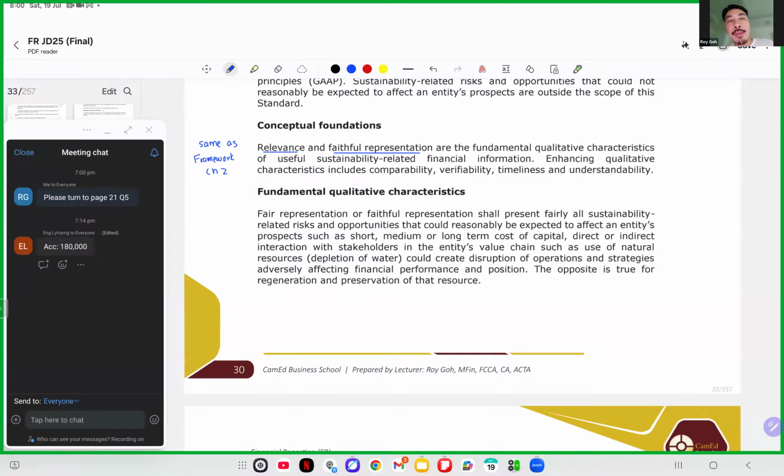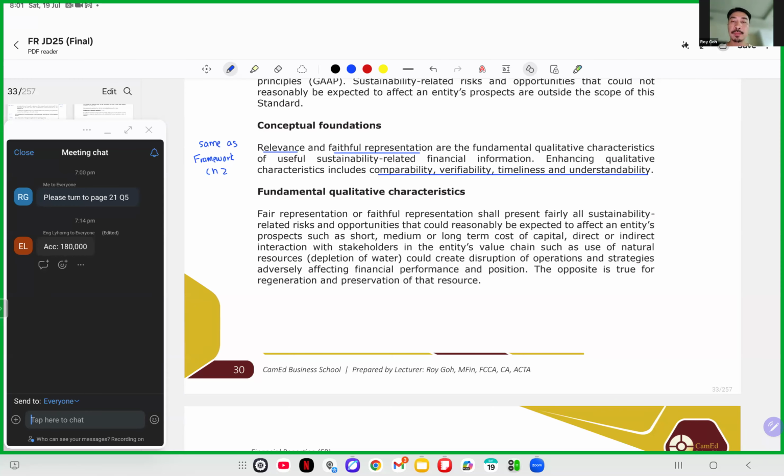Must have characteristic and also your comparability, verifiability, timeliness, understandability, all the same. So students say, wait, stop. I'm very good in my studies. You tell me, where is materiality? If you had asked me, where is materiality? I'll be very happy for you because you have very strong basics. Materiality is coming up. So let me come back to that.